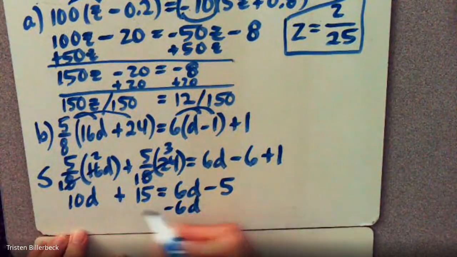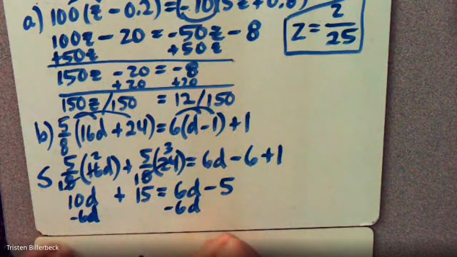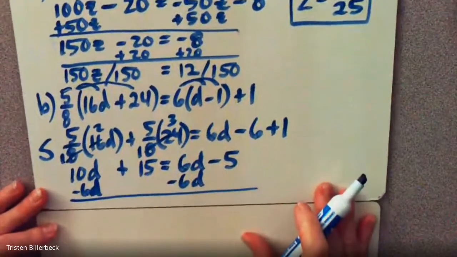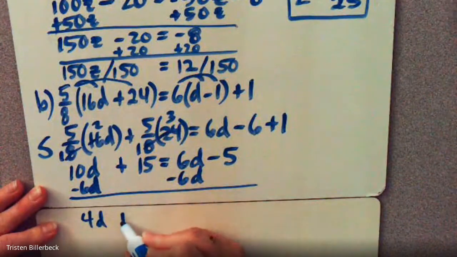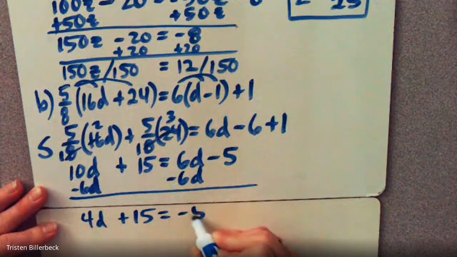Minus 6d, minus 6d, so we have 4d plus 15 equals negative 5.